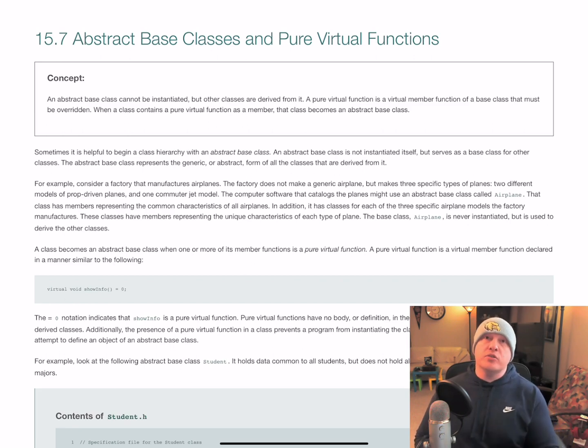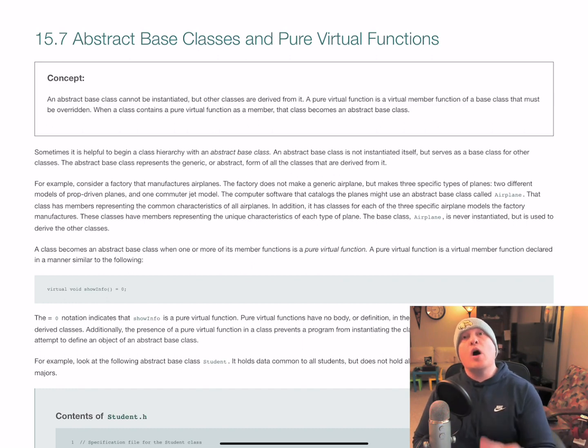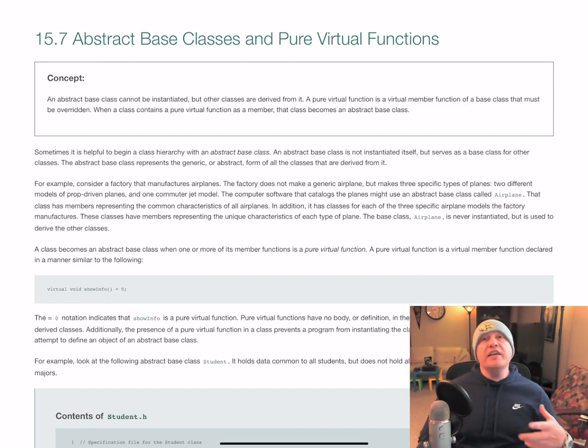What we want to do is create something that is purely here for the express purpose of giving inheritance to other classes. So, is there a time where we would ever call to have instantiated an RVC member?